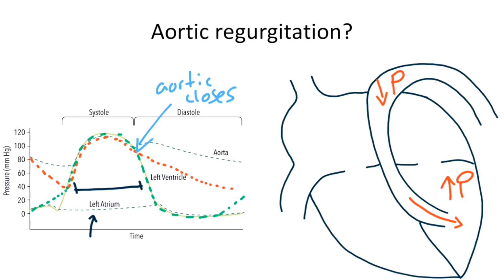However, in patients with aortic regurgitation, it doesn't close properly, which is why the pressure in the aorta drops more rapidly. So if you know the pressure is dropping here, because blood is moving from the aorta to the left ventricle, then you can deduce that the murmur would be audible from here to here. In other words, the murmur occurs all throughout diastole.